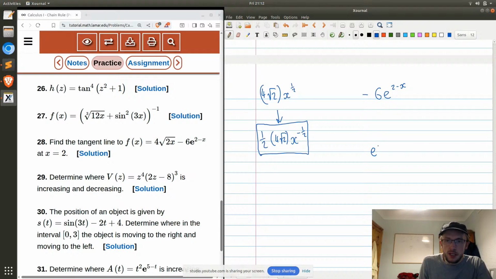When you differentiate e to the minus x, what happens? That turns into e to the minus x, right?